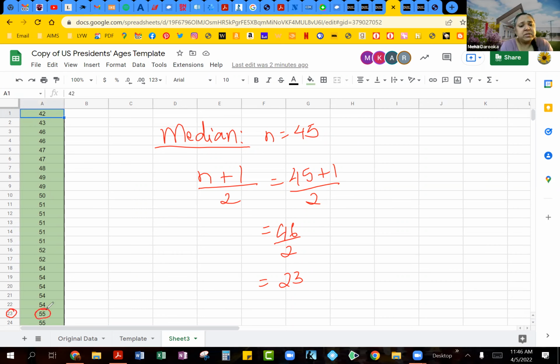And that tells you the age in the 23rd position is going to be age 55. So this is the 23rd position. That's not your median. That's just the position where you will find the median. So your median is going to be 55. The median age, or the centermost position of the age, is going to be 55.